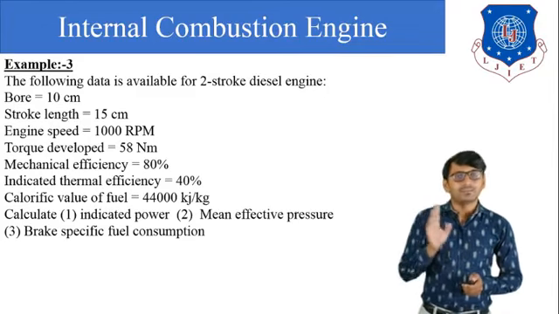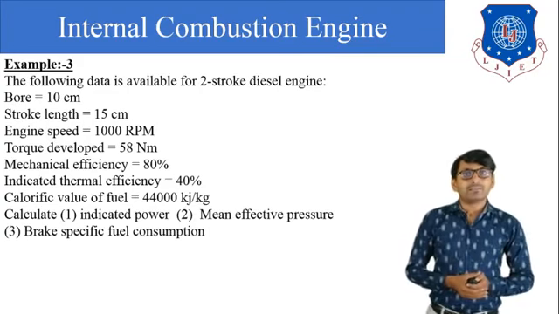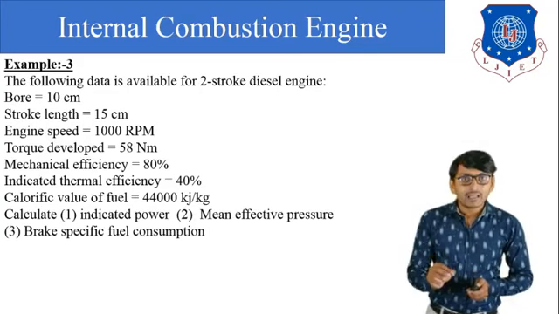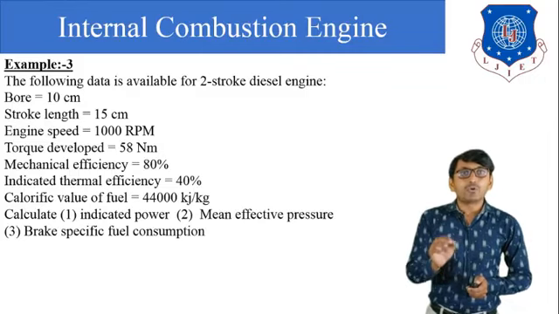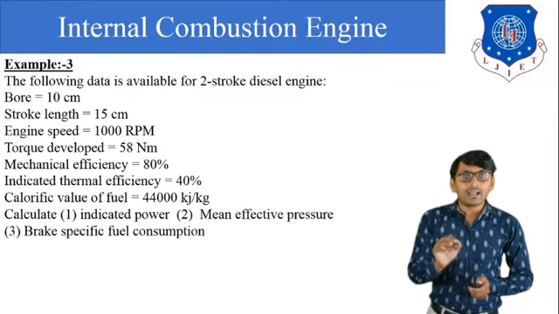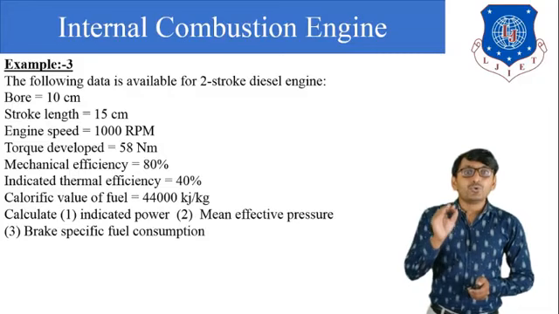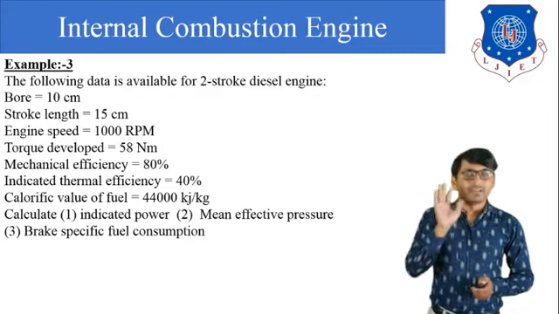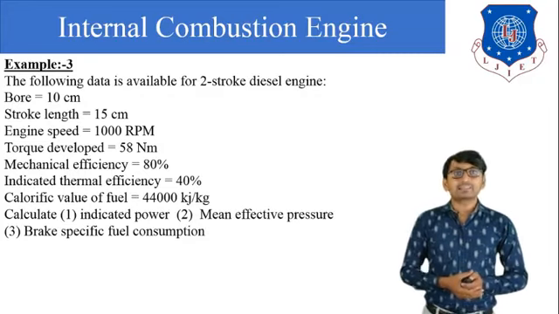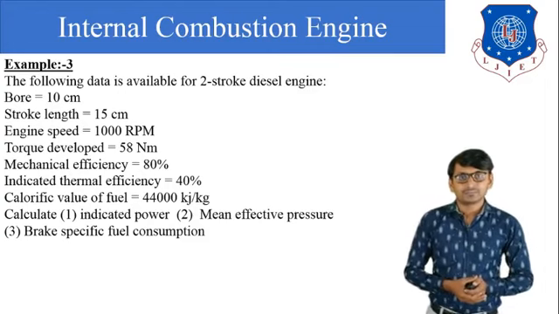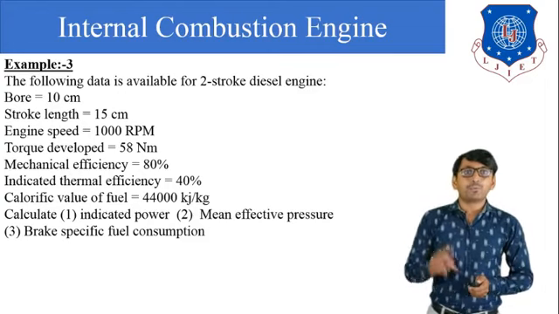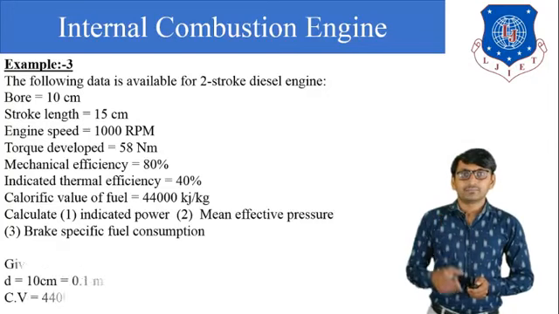Now what do you mean by this one? So brake specific fuel consumption means how much amount of fuel that is required to produce unit kg of brake power. So that is brake specific fuel consumption. So that is example of two-stroke engine.